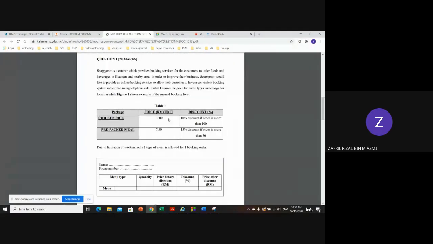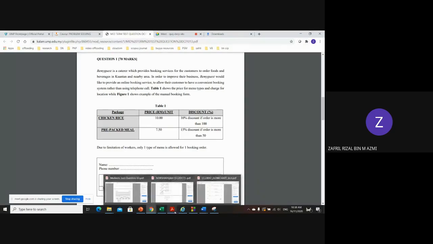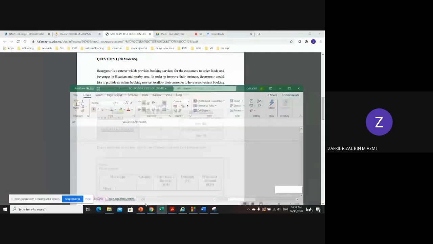Okay, chicken rice and package is more than 100, you will get 10%. Else, you need to pay based on unit only, right? No discount. All right, so let's look at your friend's.